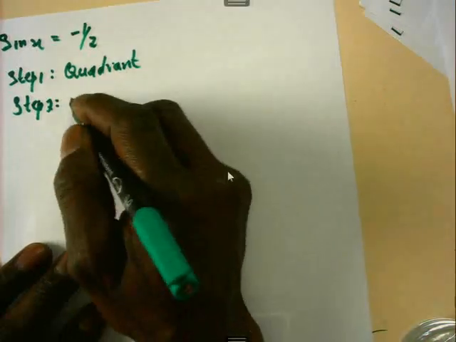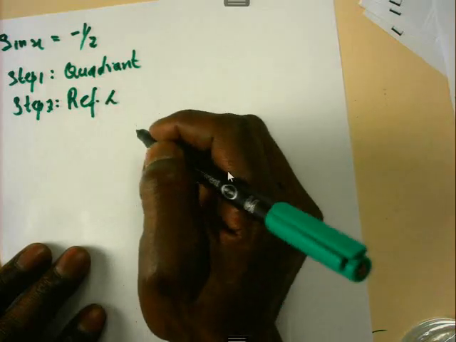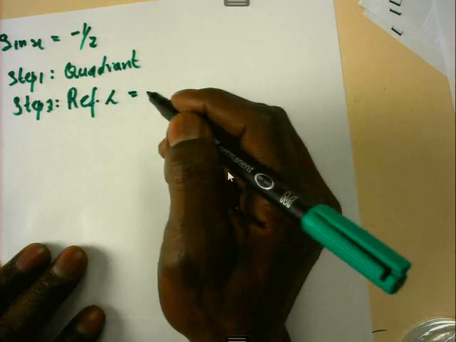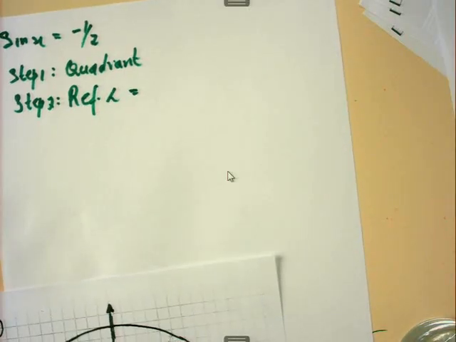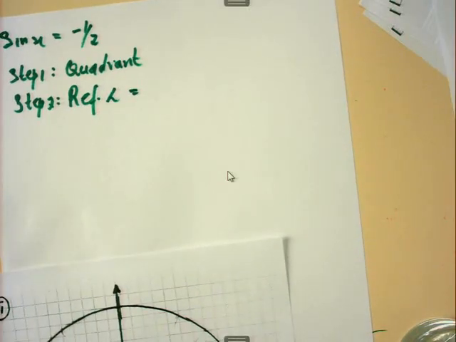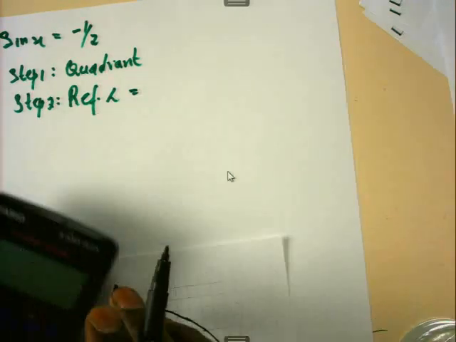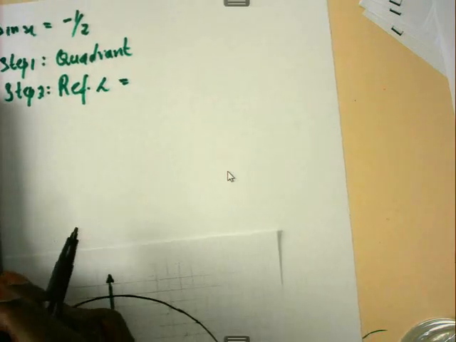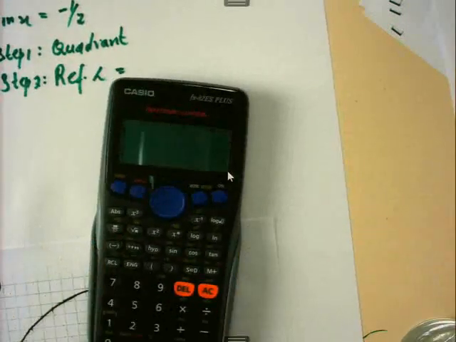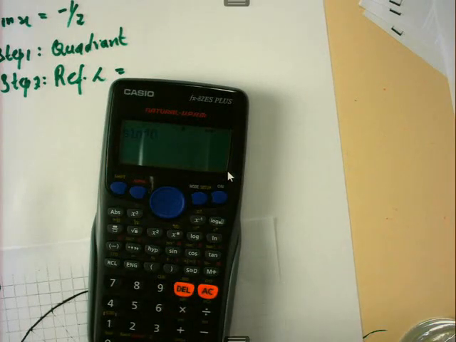Step 2, we are going to look for an angle that we refer to in order to generate the solution for that problem. So our reference angle will be, you now know that we've got to press, let's switch the calculator on. We press second function arc sine. I want to press -0.5.